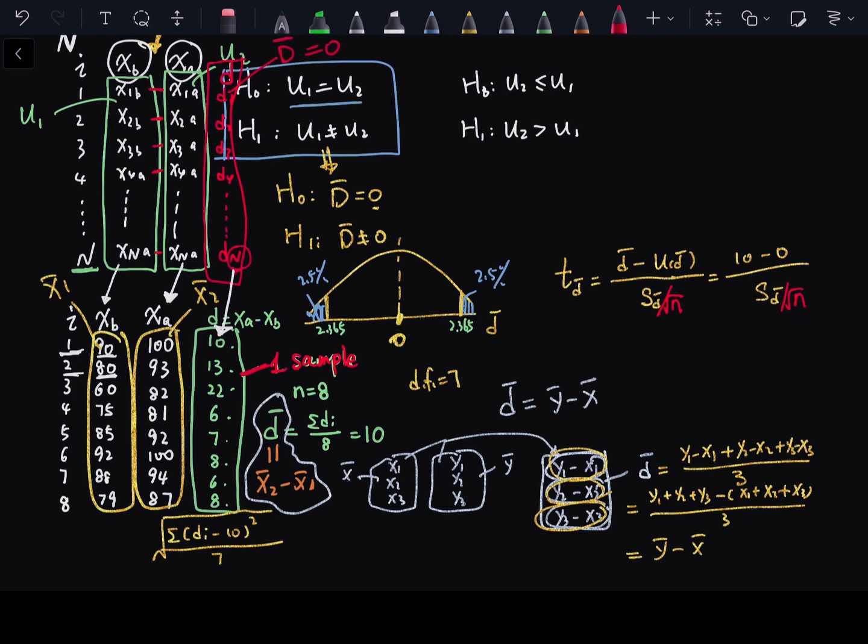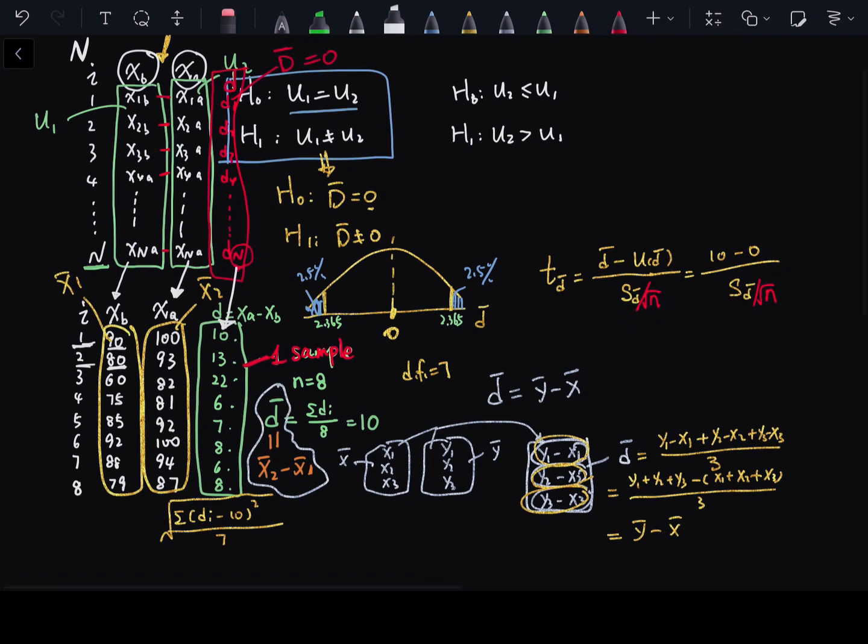Central limit theorem: X bar follows a normal distribution with the population mean and standard error of this distribution. Standard error equals the sample standard deviation divided by the square root of n. So you can solve for this whole thing, right? Standard error equals 1.90.